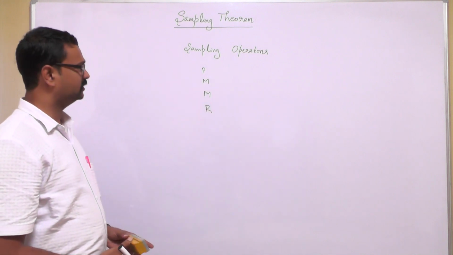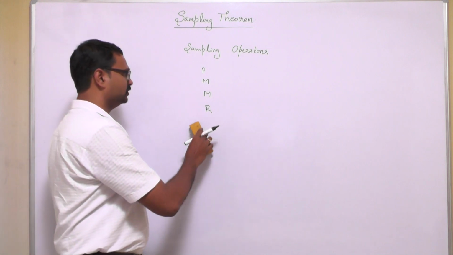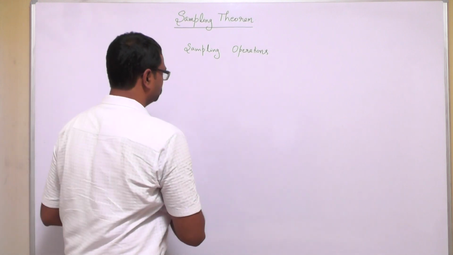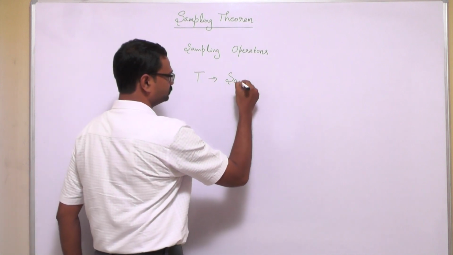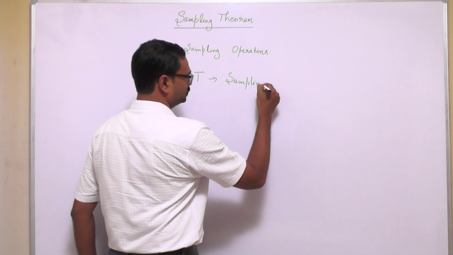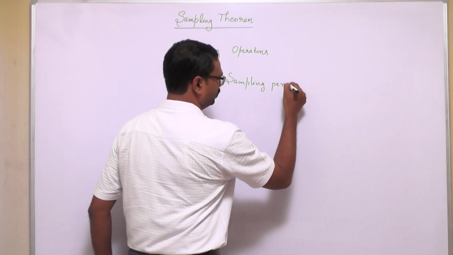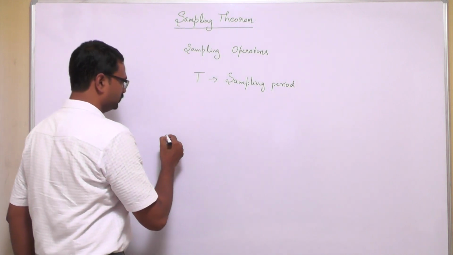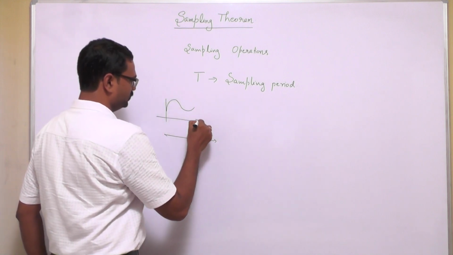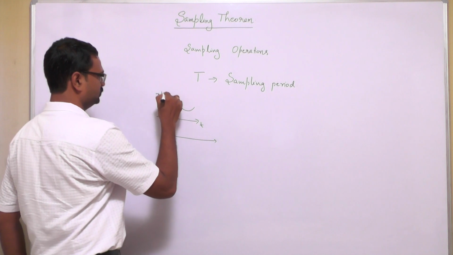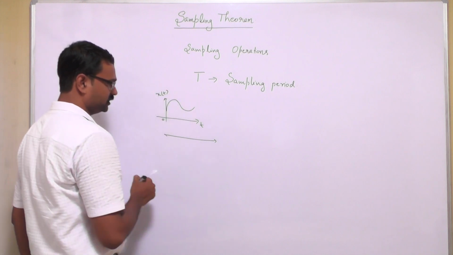Out of these different types of sampling operations, we have considered T, which is the sampling period, when we are going for sampling any continuous time signal. For example, you have a signal x of t, which is a continuous time signal.